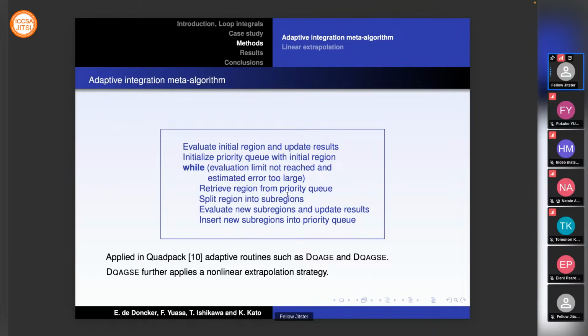The next region is retrieved from the priority queue, which is keyed with the absolute errors of the subregions. That region is split into subregions. The subregions are evaluated, the results updated, and the new subregions are inserted into the priority queue.